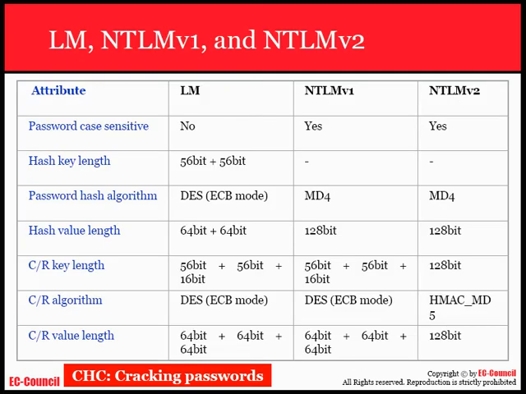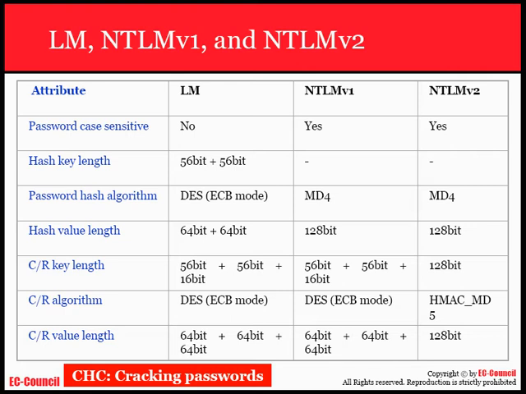So to look at the NTLM, originally you had the LM, or just simply the LAN Manager authentication, and then Microsoft introduced their NTLM version 1. Now it had some weaknesses, and considering the strength of computers at the time, it was susceptible, so of course they came out with NTLM version 2. With each one of these different technologies, you have different matters that you have to consider.